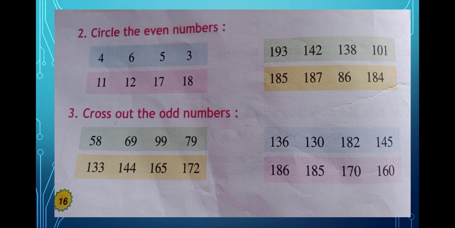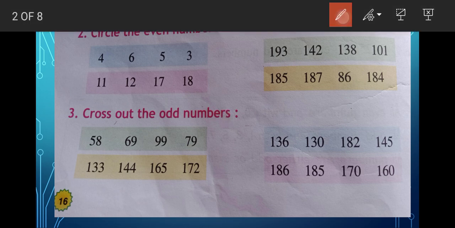This is Try This from page number 16. You may write down question number 1, you will do it yourself. Now question number 2 is circle the even numbers. As I have already explained, even numbers are those which can be paired, or even numbers end with 0, 2, 4, 6 or 8 in the ones place.